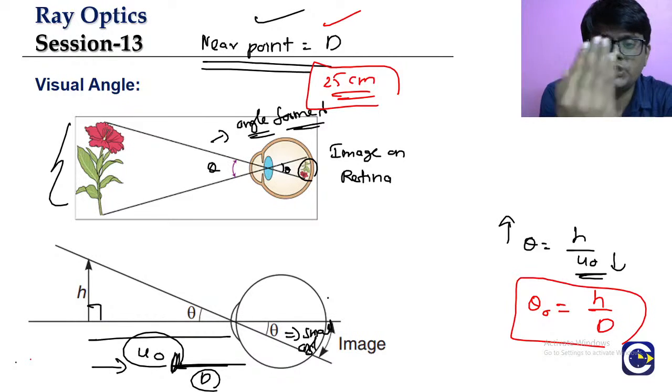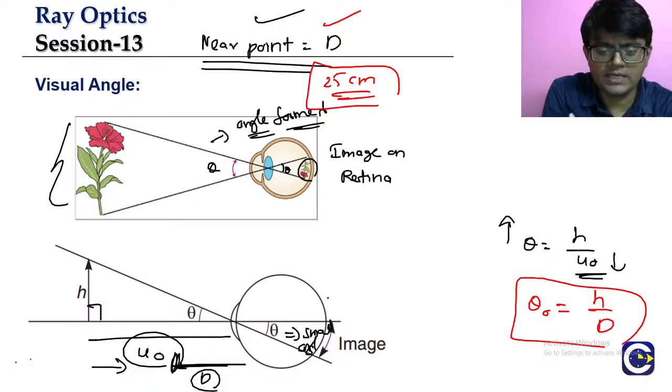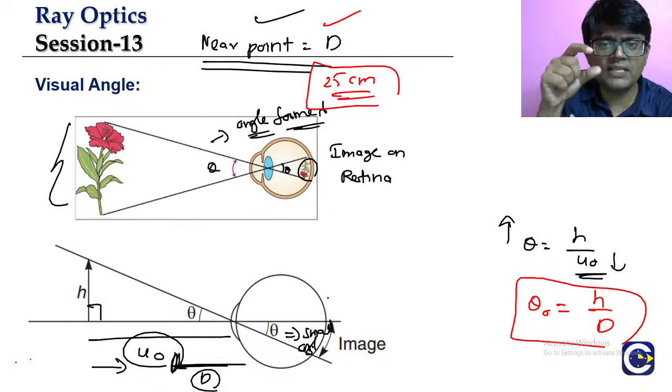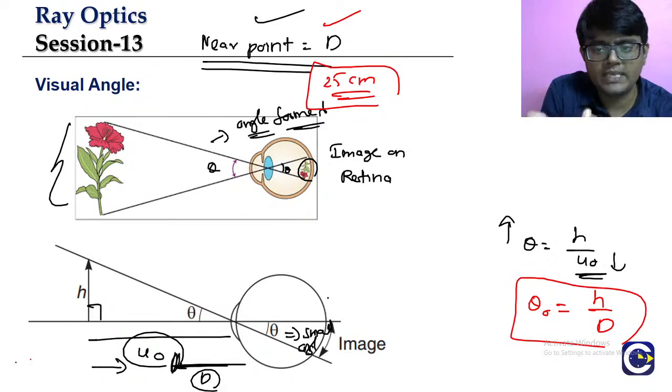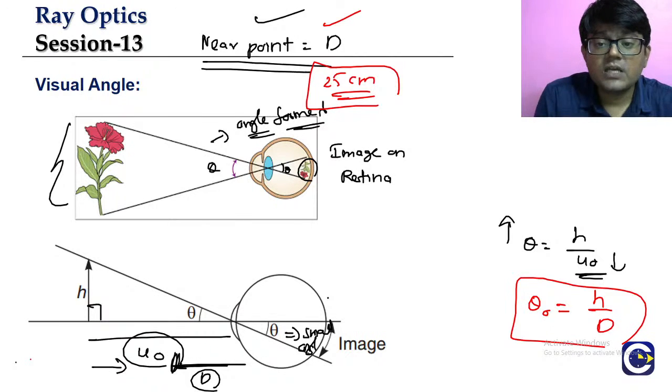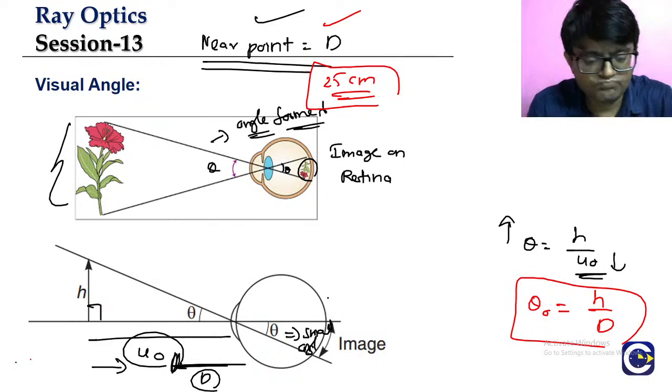We are just positioning the object, because if you have any microorganism or anything, you can keep it at our near point and then you will be able to see it, right? So that's what you are calling the maximum visual angle with a naked eye. Using an optical instrument means that should give us a visual angle which is more than this.